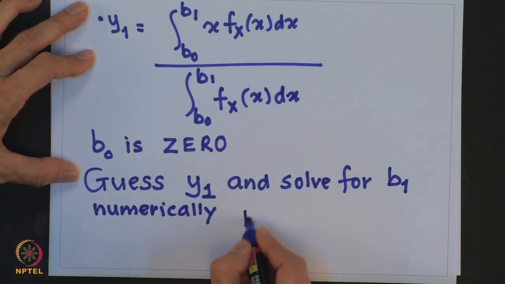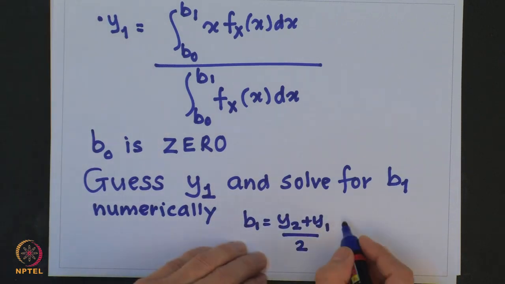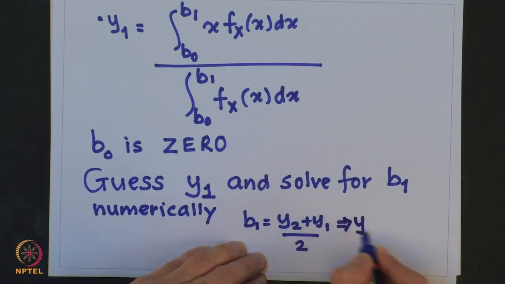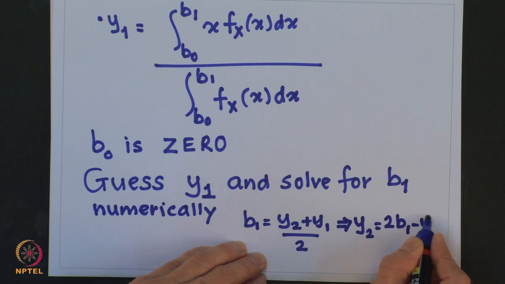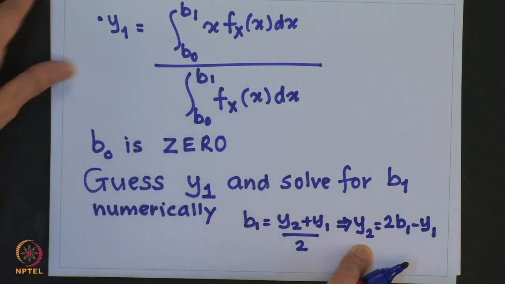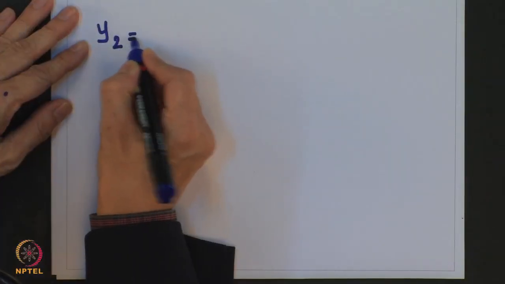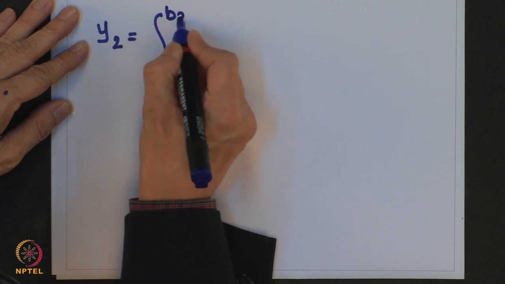Now, we know that b1 is equal to y2 plus y1 by 2. So, this implies that my y2 is equal to 2b1 minus y1. So, I will get my y2. Once I do that, I know my y2 is related to b2 as follows.